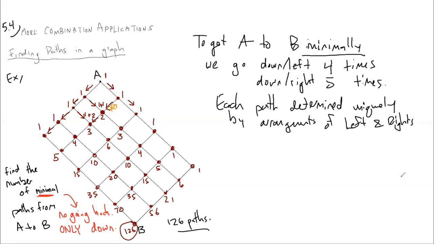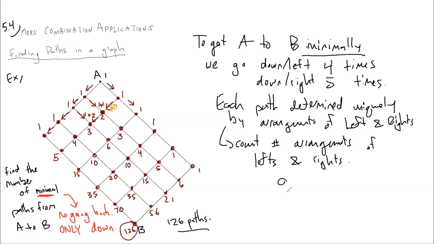Right, so if I have a path and I swap a left and a right, it creates a different path entirely. So we can actually just count the number of arrangements of lefts and rights. Well, there's 9 total. So remember, this is going to be arrangements with repetitions.